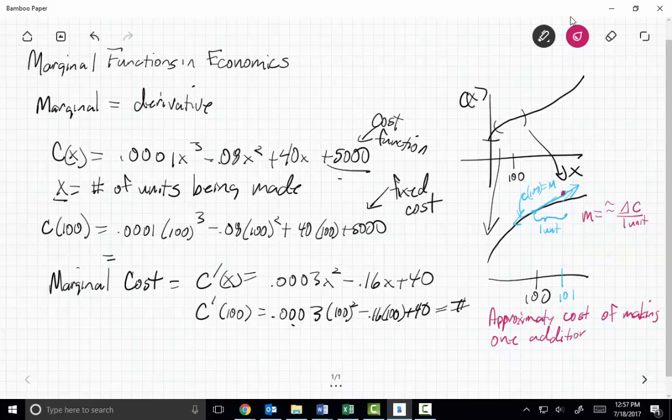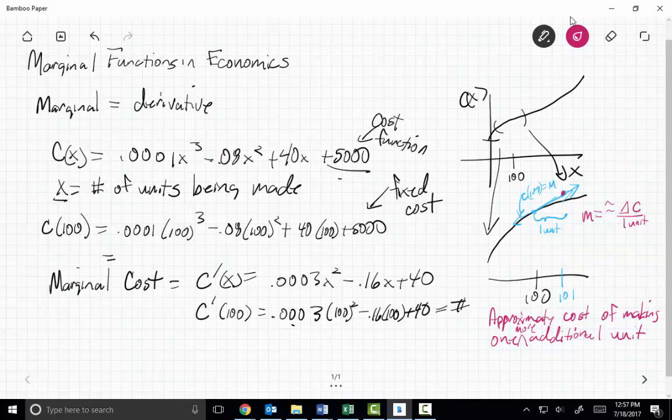That's important, two words are really important in here. 1 additional unit more of 1. Now, the approximate cost of that would be C primed of 100.